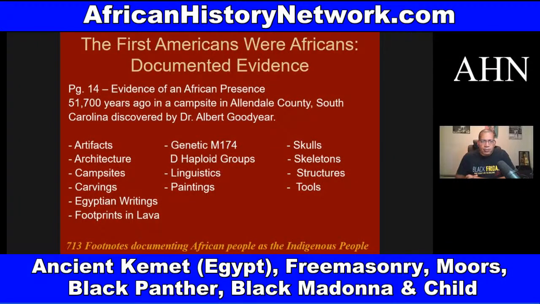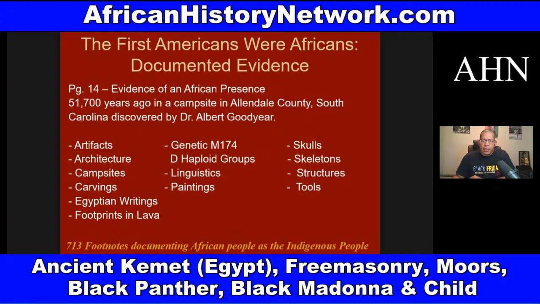They found artifacts, architecture, campsites, carvings, Egyptian writings, footprints in lava, genetic M174D haplogroups dealing with DNA and genetics, linguistics, paintings, skulls, skeletons, structures, and tools. They found 13 different types of evidence, fairly documenting the African presence in the land we call the United States of America, going back at least 51,700 years ago.